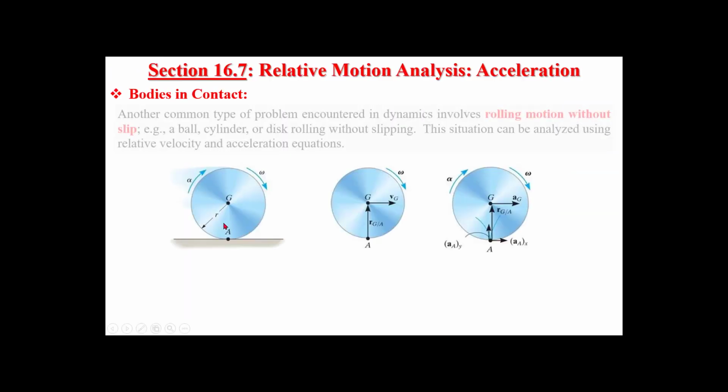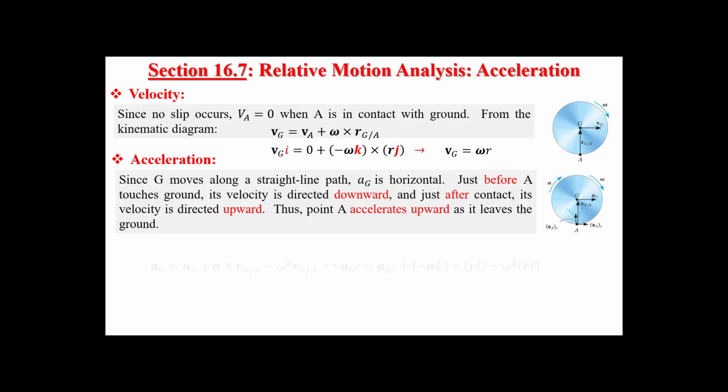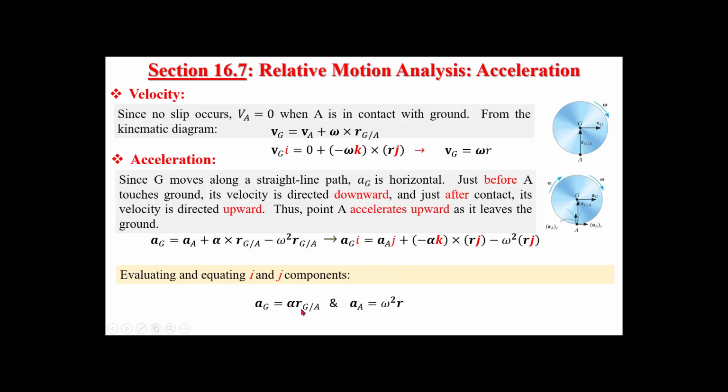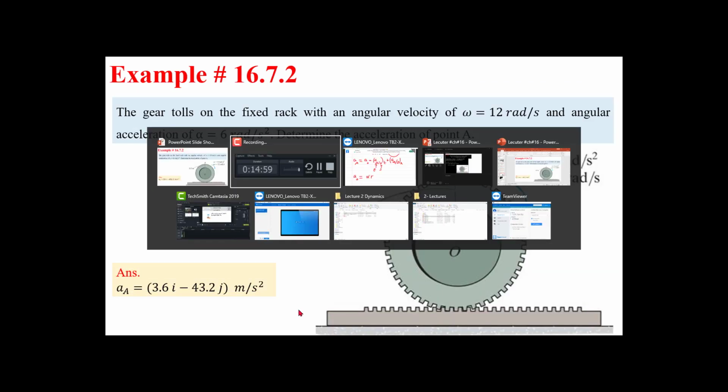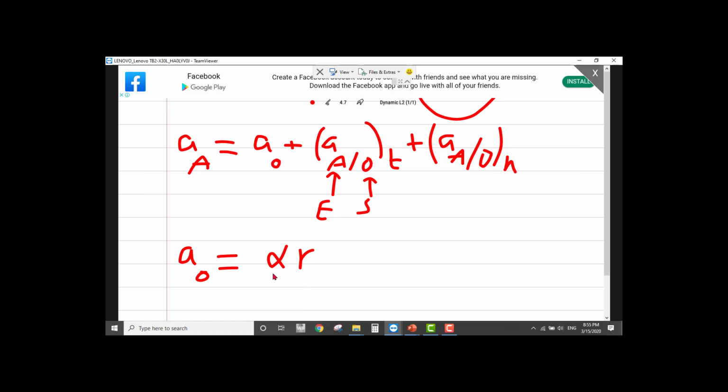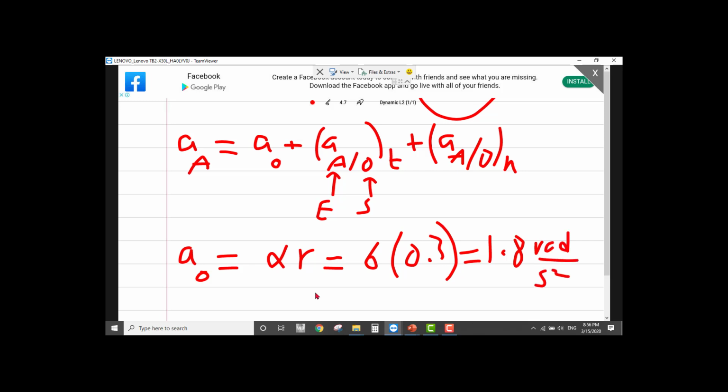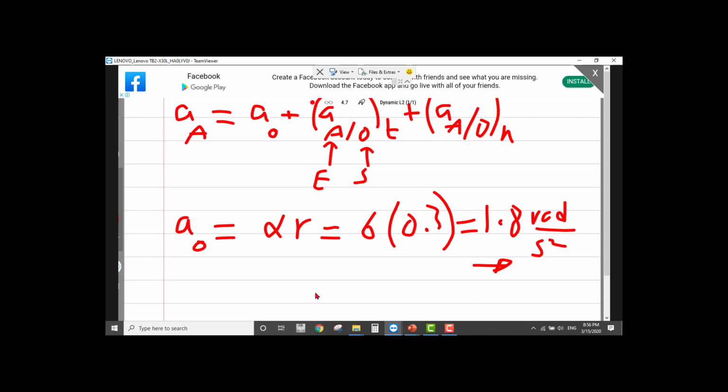Remember, here we said that the acceleration of the centroid equals alpha cross product R. So alpha, 6, multiplied by the radius, which is 0.3, equals 1.8 meters per second squared. And regarding direction, it is horizontal in this direction. It depends on the rotation. This is a rule as I mentioned before.